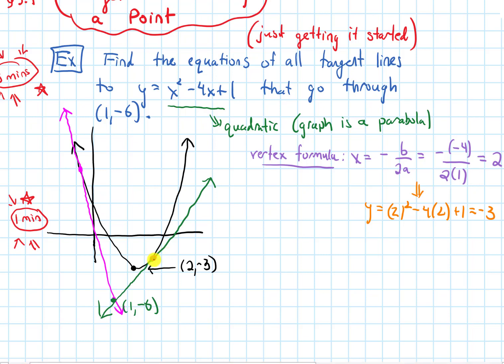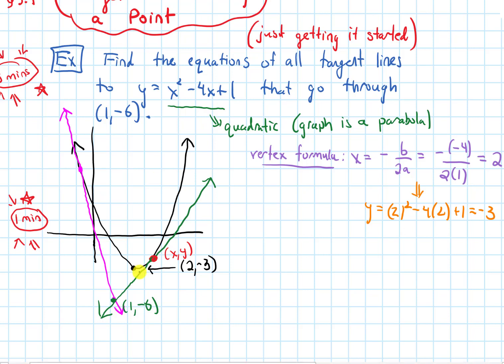I'm going to label the coordinates of the point where they meet as x comma y. It would be nice if we can figure out where that point x comma y is. In this case, there are 2 possibilities. If I know 2 points on the line, 1 comma negative 6 and this other mystery point, I'll be able to write down the equation of the line.